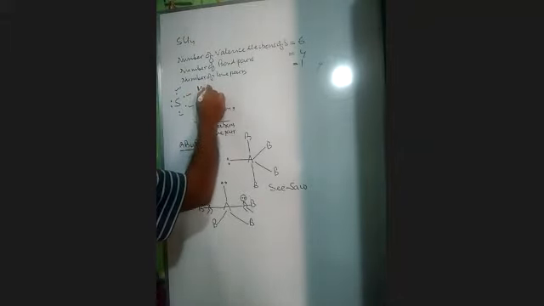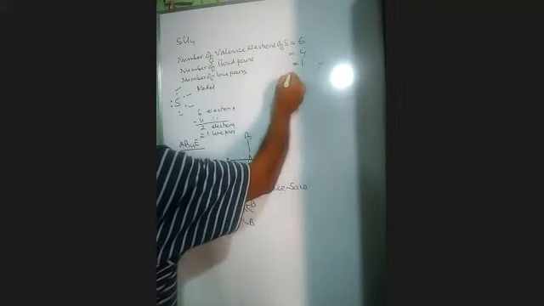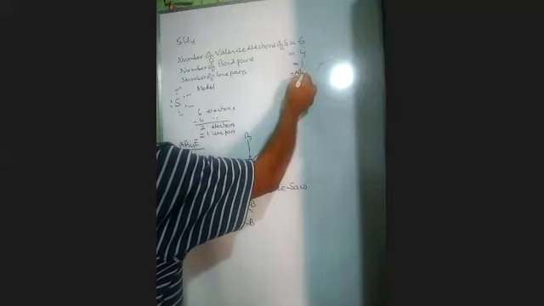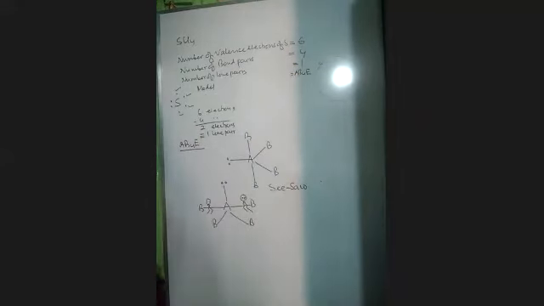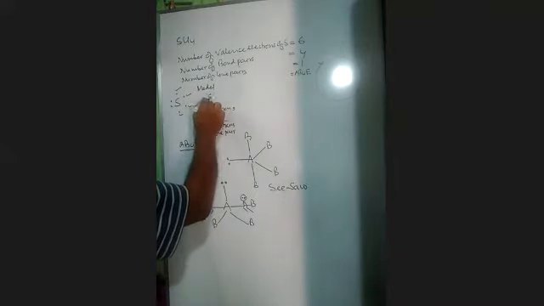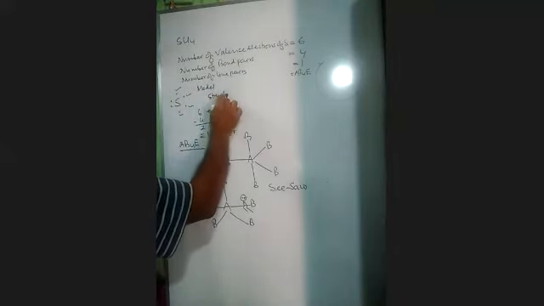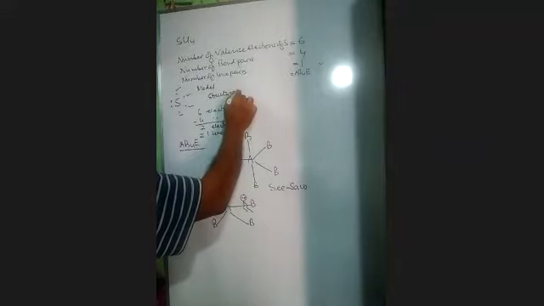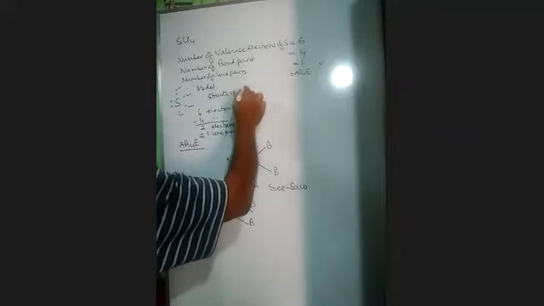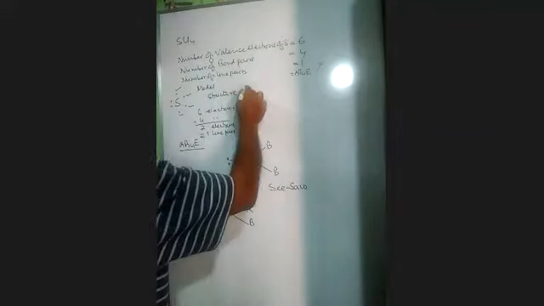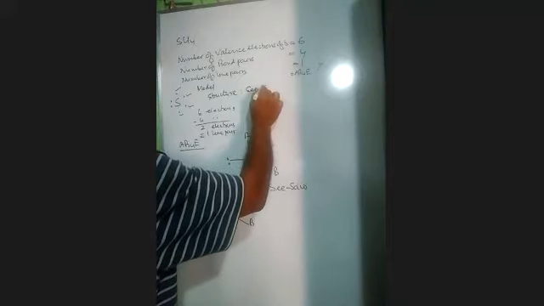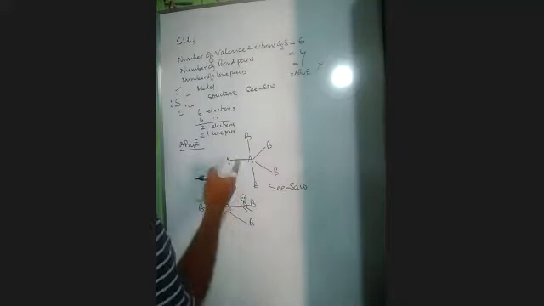What is the model? Model is AB4E. All right. So draw the structure. I will not draw for you. Write it like this. Structure will be what? Then draw it.